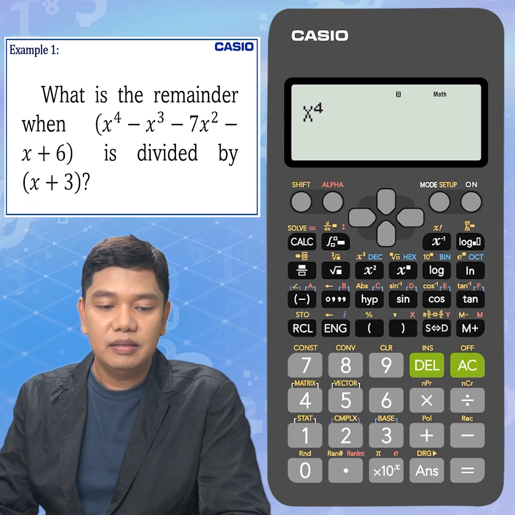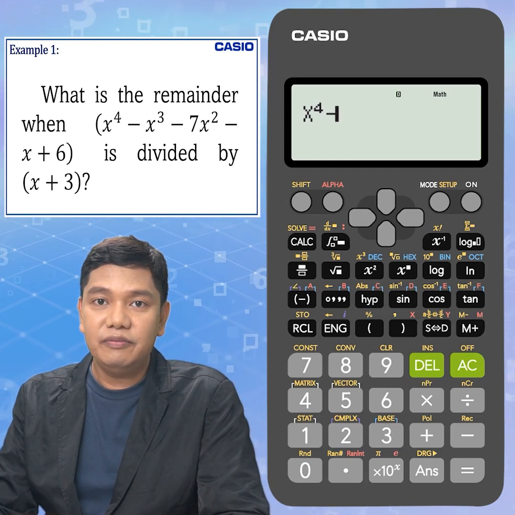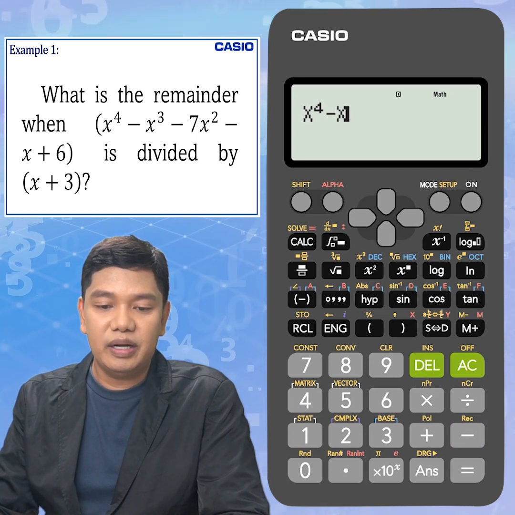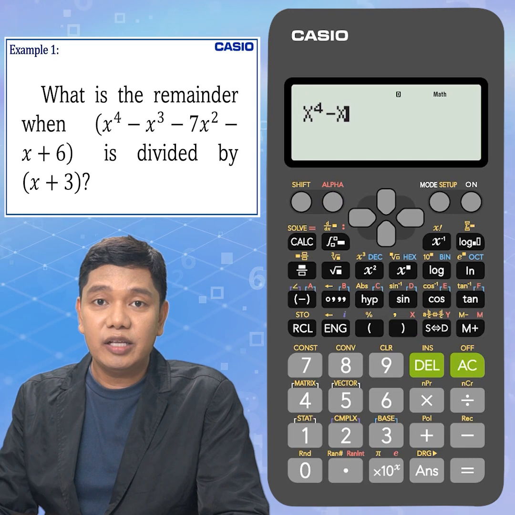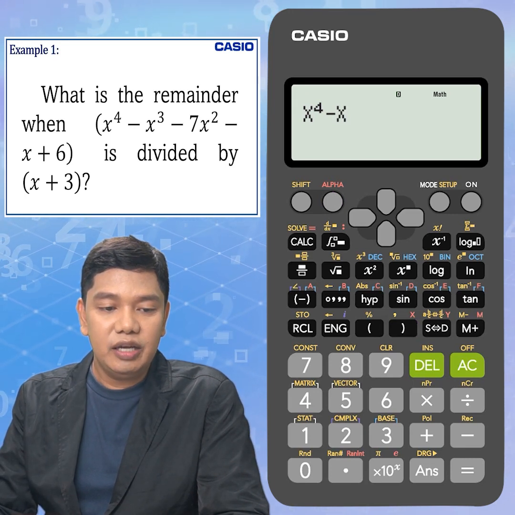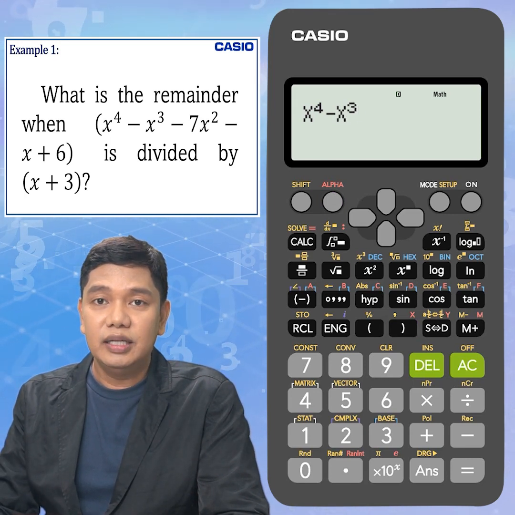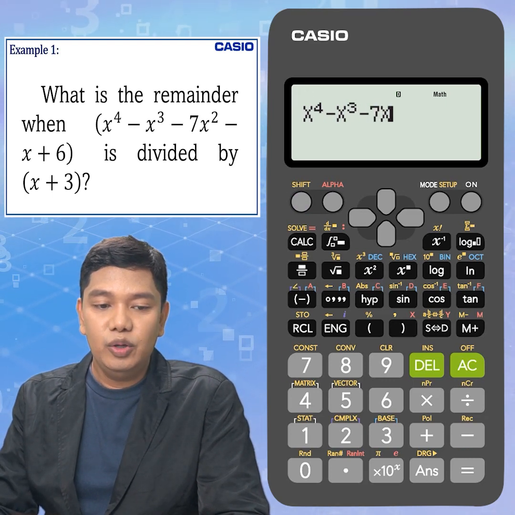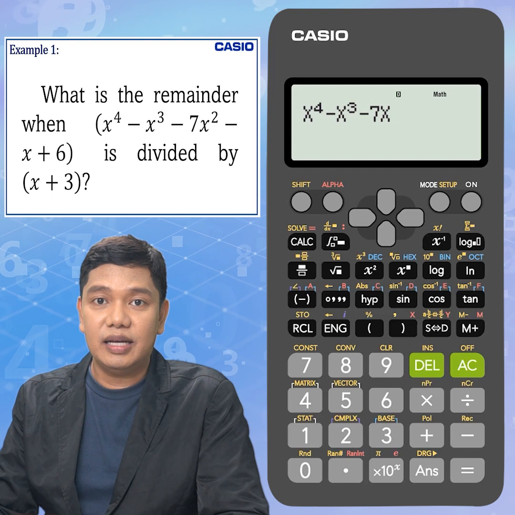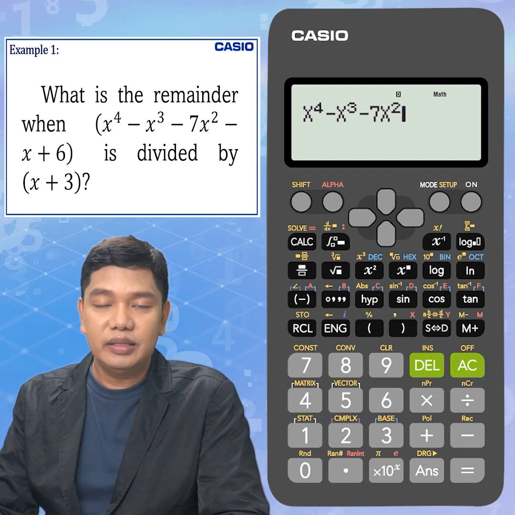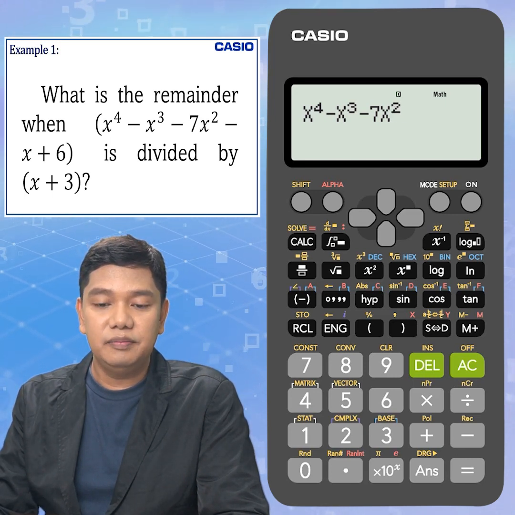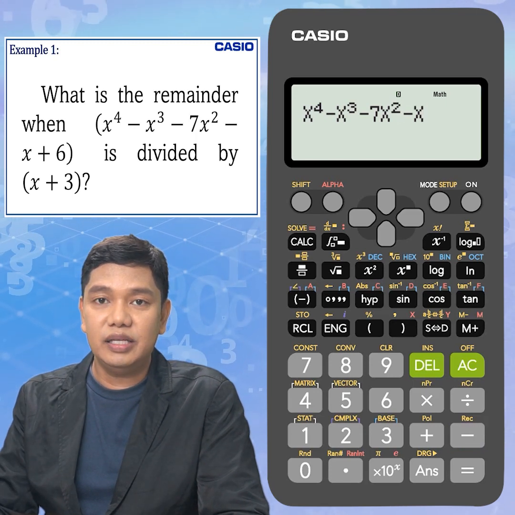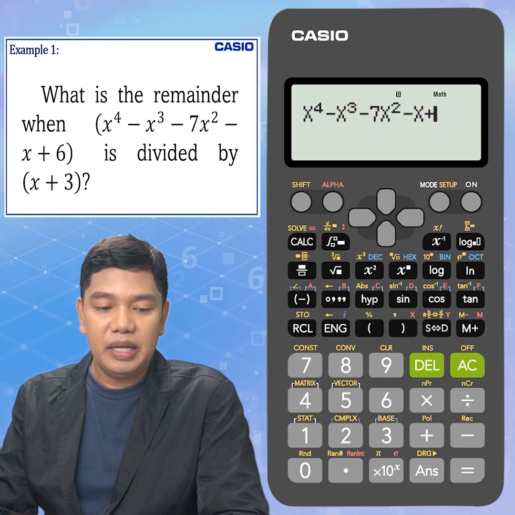Arrow right, minus, activate again the variable x by pressing alpha and close parenthesis, and then to have the exponent 3, press shift and then the square button, minus 7 alpha, close parenthesis to have x again, and then the square button to have 7x squared, minus alpha and then close parenthesis, and lastly plus 6.